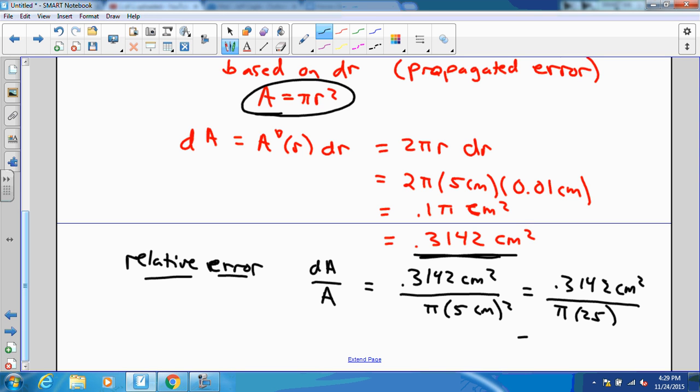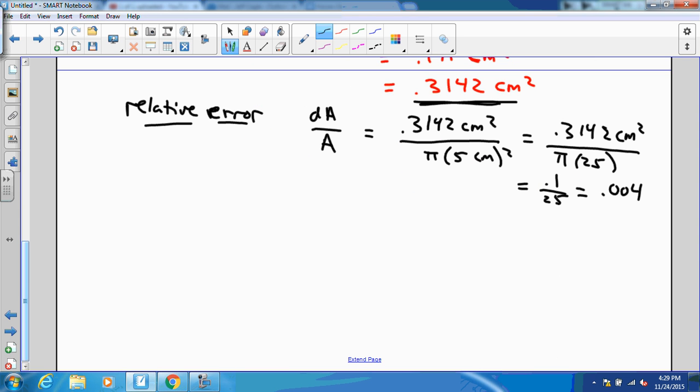And that gives me 0.1 pi over 25 pi, which is the same as 0.1 over 25, which is going to be the same as 0.004, or sometimes we'll write it as a percentage, 0.4%.